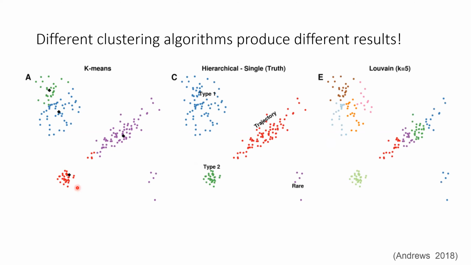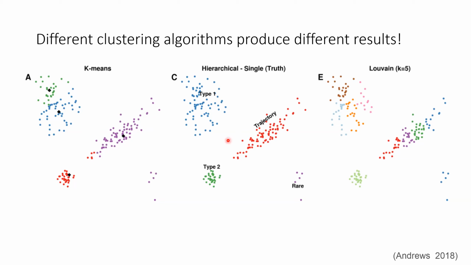The second set has greater variation and is indicated in this top left cloud up here. The third set was simulated to have continuous variation in expression along some sort of manifold space, indicated in purple here. And then there is a final rare set of cells off in the corner here.